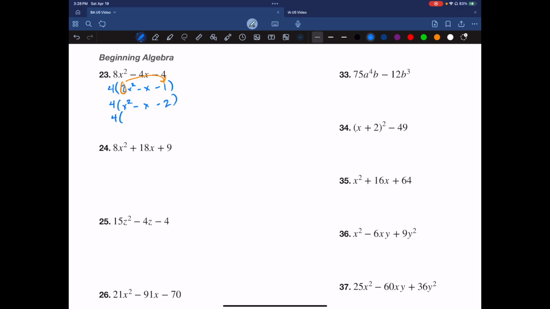The 4 stays out front. (x plus)(x minus), it's going to be plus 1 minus 2. All right, because I multiplied by 2, I've got to divide by 2. So that's going to be 4 times (2x plus 1), (x minus 1).